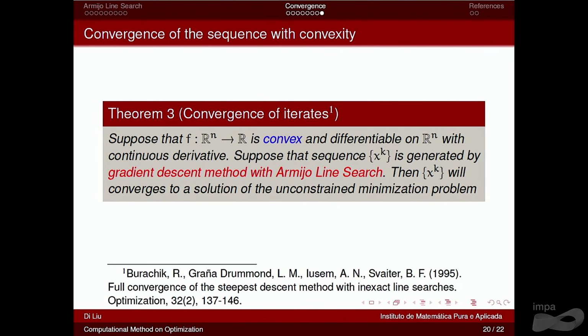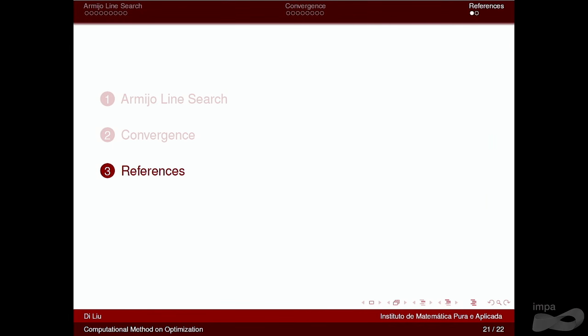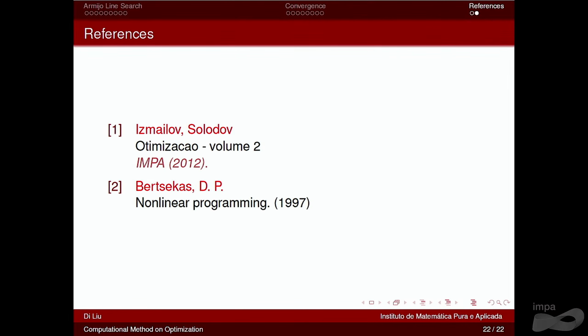Actually, you can check the preliminary result, or as far as I know, the result about this convergence has been proposed in this paper, by Professor Iusem, Svaiter, and Mauricio Regina in 1995. Of course, you can find it in some standard textbook, like the book by Professor Solodov, Otimização Volume 2, where you can find the proof, but in Rn, the finite dimension space.